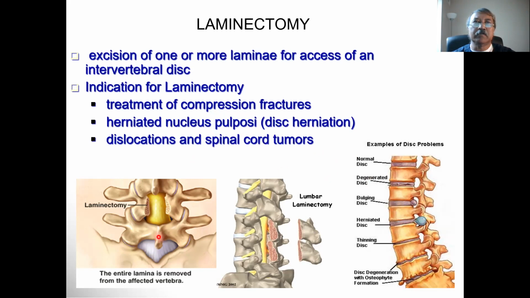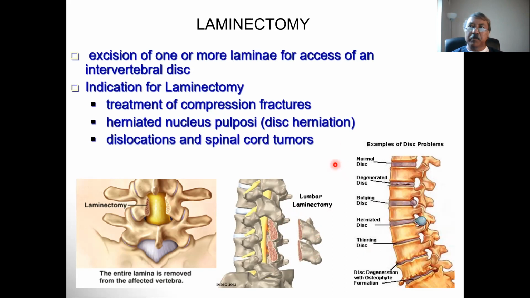Our number one specimen would be the lamina. Then number two specimen would be the nucleus pulposus. That is the viscous semi-solid material that we remove from this area. In the lateral or oblique view, you can see this is what is being removed, the lamina.